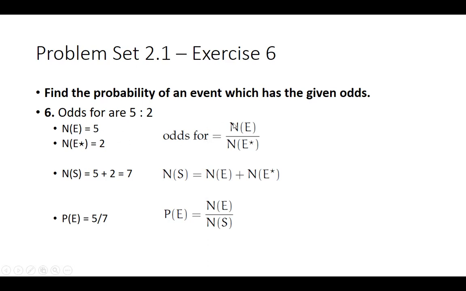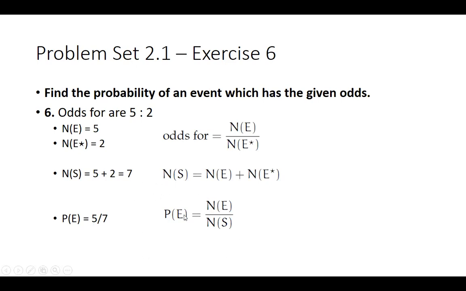The number in the event space is 5. The number in the complement of the event space would be 2. We can use NE and NE star to find NS. Our formula says we just add NE and NE star together to get NS. So NS must be 5 plus 2 or 7.